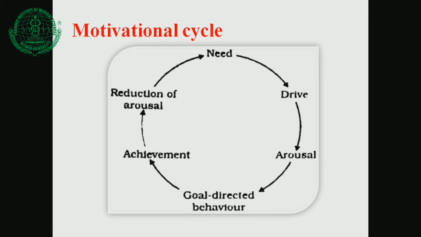The thirst decreases, or the need is fulfilled, that is the achievement. And the reduction of arousal, some relief in the thirst, will be there. But again when the body gets deprived of water, the need will arise, then the drive will come, then arousal will come, again he will go to drink water, then again achievement will be there. So it goes in a cyclic manner.